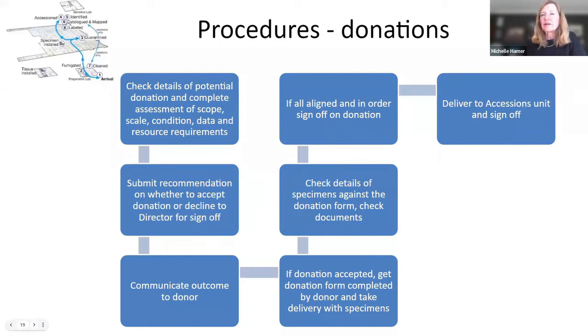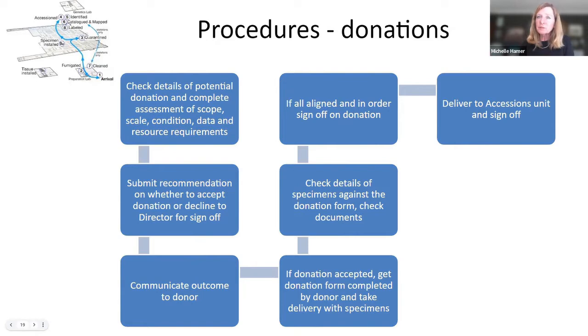So those are just some further details, but for all of these different processes, you really need to have detailed documented procedures. So workflow diagrams like this one. So for donations, what is the step-by-step process that you'll follow? You'll first check the details of the potential donation. That might be the intention to donate form.